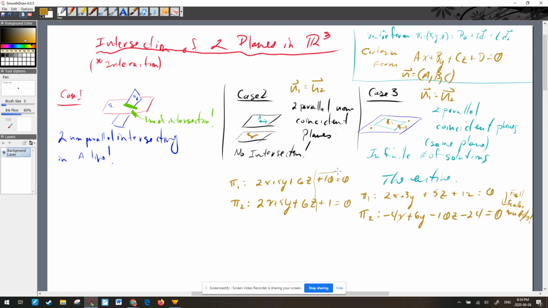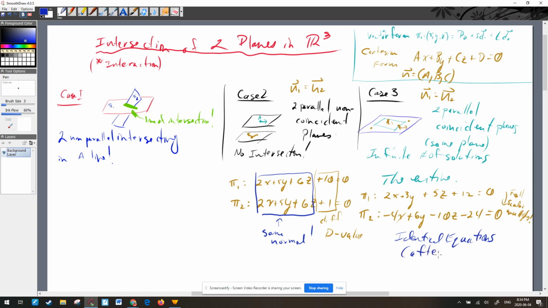So we can inspect the d values. We have a different d value, but the same normal. Okay, so different d values, same normal. Over here, if I do my proper reductions, we have identical equations after being reduced.